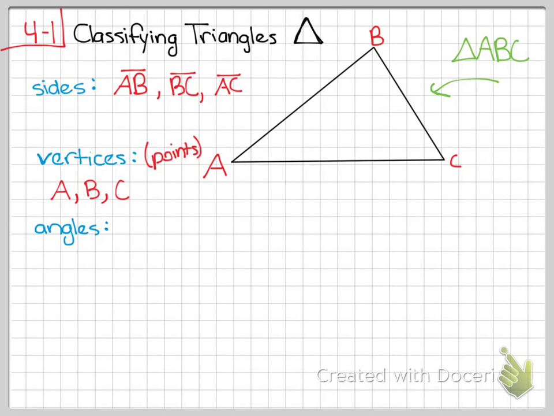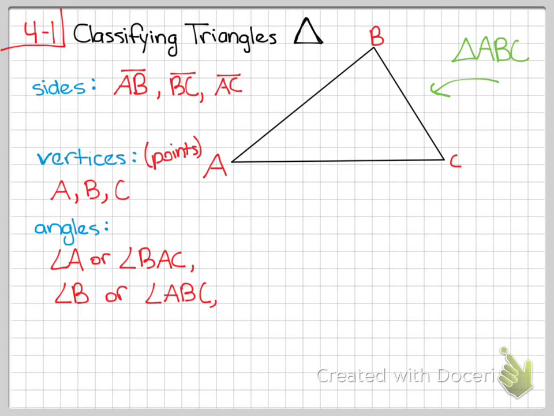And next we have the angles of the triangle. Our angles here would be angle A, or a way to name that with 3 points, which we'll have to do a lot in this chapter, would be, for instance, BAC. You're going to have to be able to name it with either just one or with all 3 points. The next one would be angle B or angle ABC.